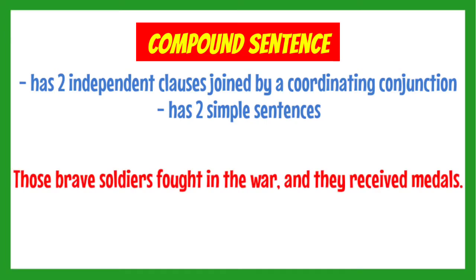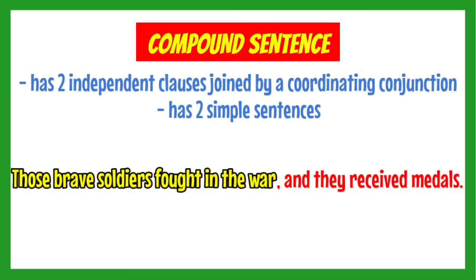Those brave soldiers fought in the war, and they received medals. As you can notice, this sentence has two independent clauses, or two simple sentences. The first one is, those brave soldiers fought in the war. It expresses a complete thought, right?